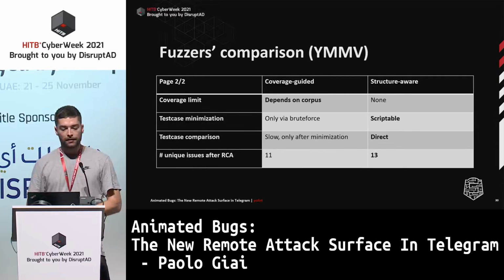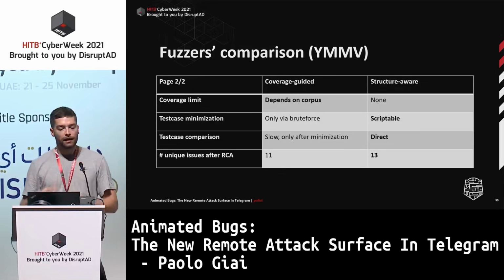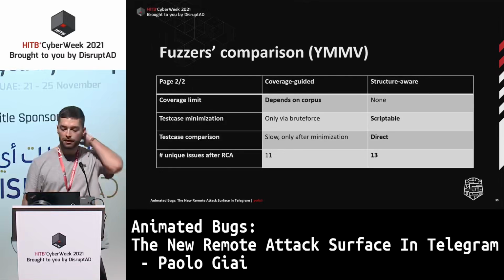And the comparison also is slow, since we actually need to minimize them, because, as you can imagine, 3 kilobytes of single line JSON files are not really simple to compare one another without an AST aware decoder and encoder. While on the structure aware, it's pretty much direct and scriptable, since we already have the grammar logic, so we can just use it in order to minimize and compare them.